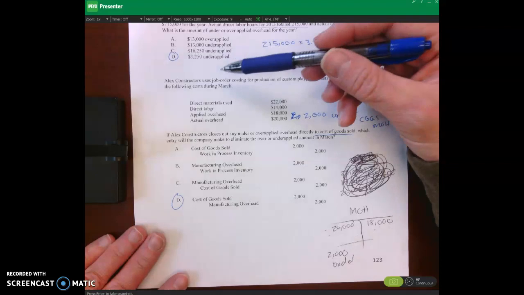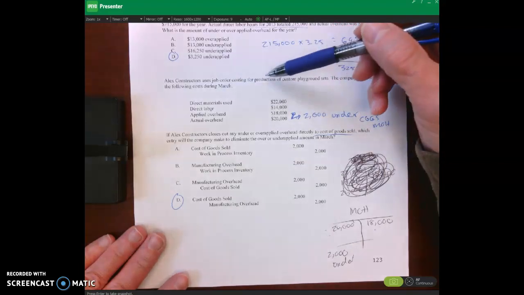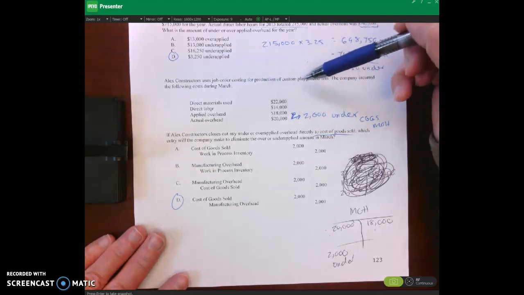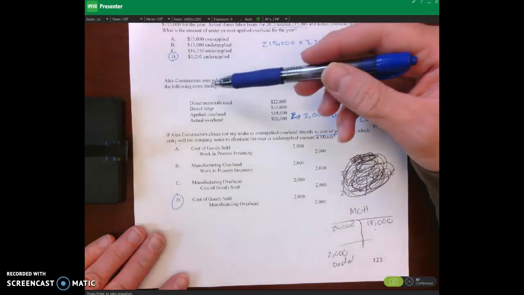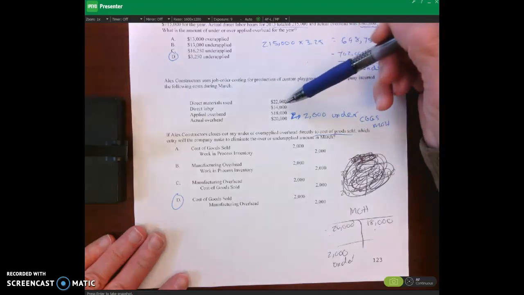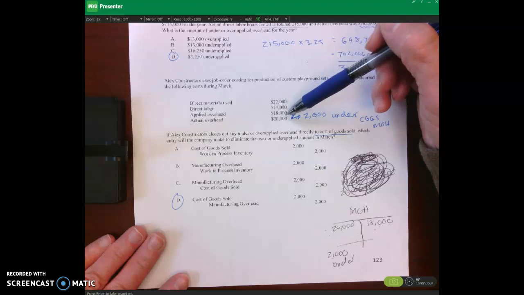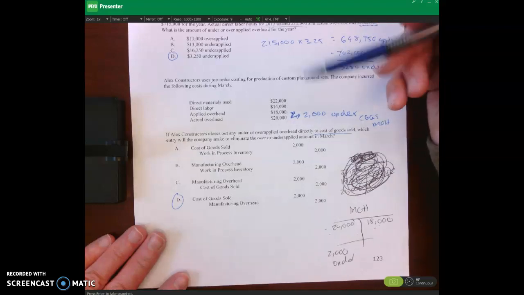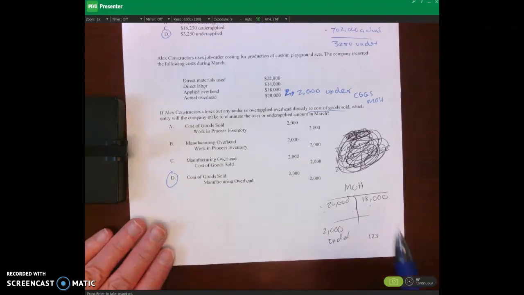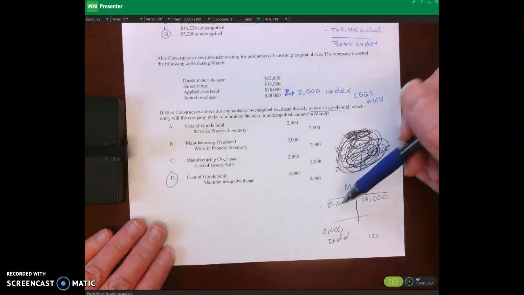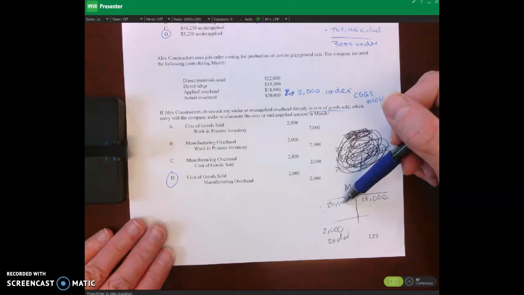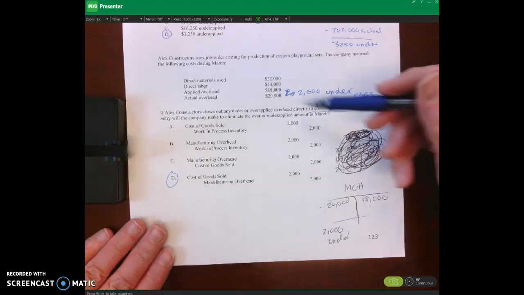Our final question: our company uses job order costing for making playground sets. The company incurred the following costs during March: materials, labor, applied overhead, and actual overhead. You can tell right off the bat, I have my T account here with manufacturing overhead. Here is the actual, here is the applied, and that's given to you.